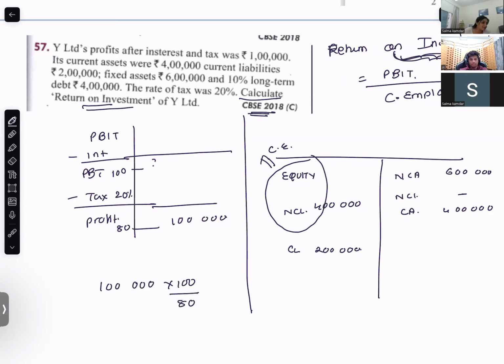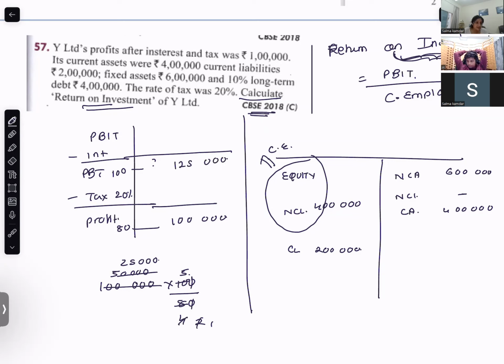Are you getting the same thing? 2 fours are 8, 2 fives are 10, 2 twos are 4. This will become 50,000, and this will become 25,000. 25,000 into 5, this becomes 1,25,000, right?